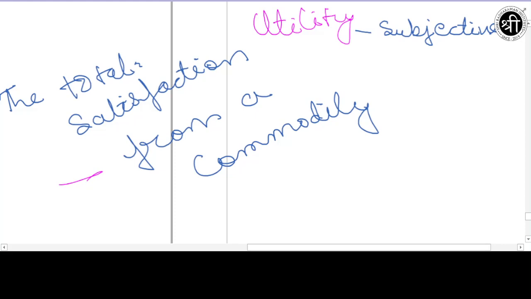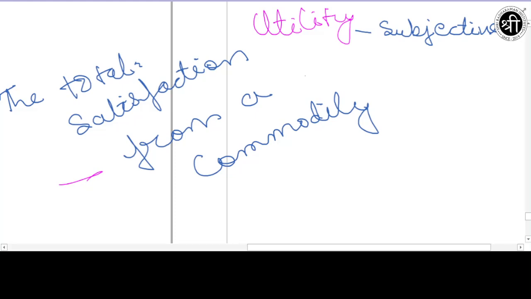In the same manner, some people drink alcohol, but you don't. If you are made to drink alcohol, you won't get any kind of satisfaction. So satisfaction varies from one person to another. It totally depends on the person concerned. For a person who drinks alcohol, the alcohol will give satisfaction, it will give utility. But you won't get any satisfaction from alcohol. So utility is subjective. It varies from person to person.